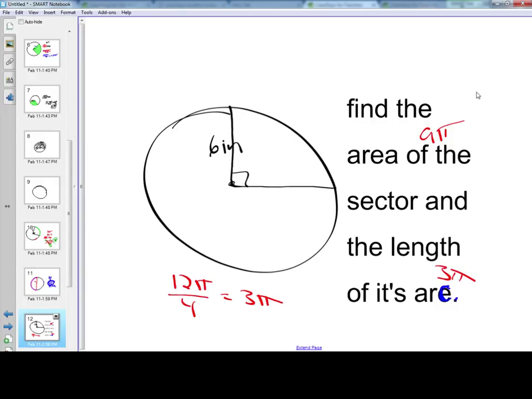Well, again, the whole circumference is 12 pi, right? How much of this do I want? It's 90 degrees of 360. If you simplify that, that's a quarter. So when you multiply 1 over 4 times 12 pi, it's 12 pi over 4.